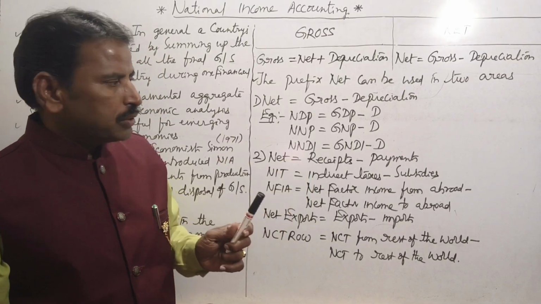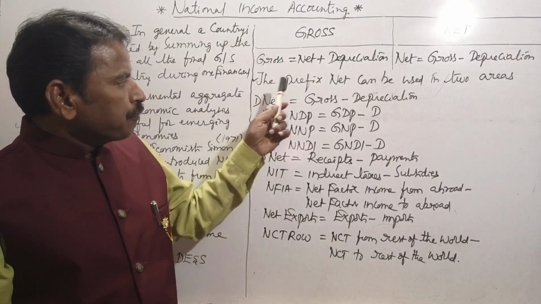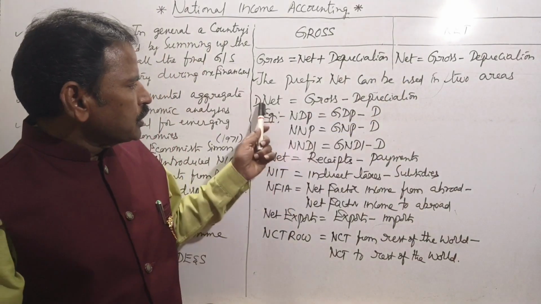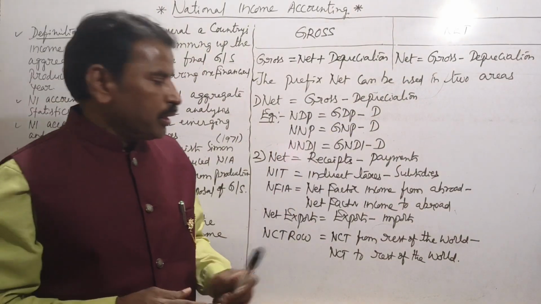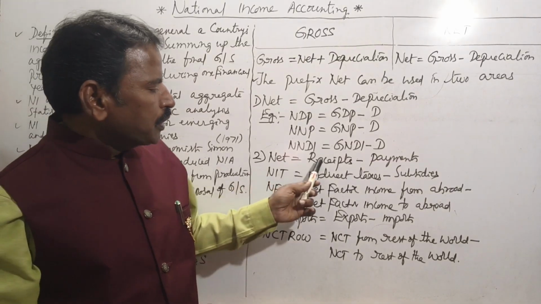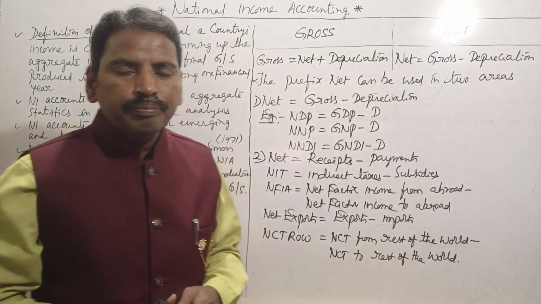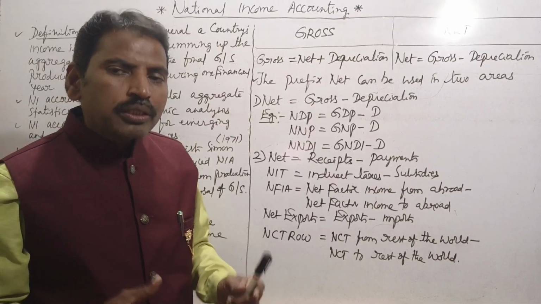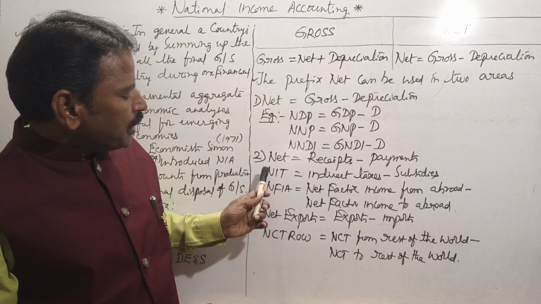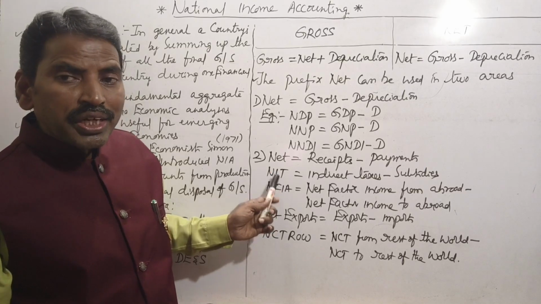This is the first case of the prefix net. The second one is net equals receipts minus payments. For example, net indirect tax, that is NIT.